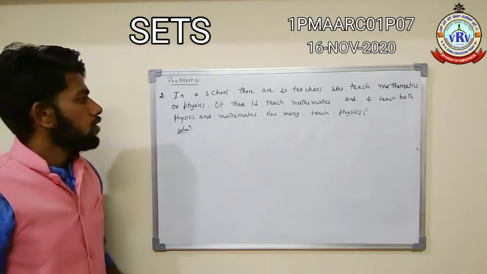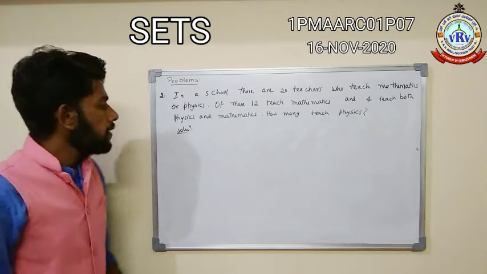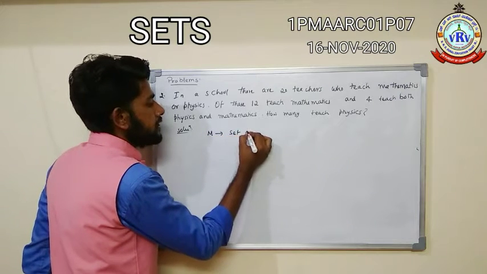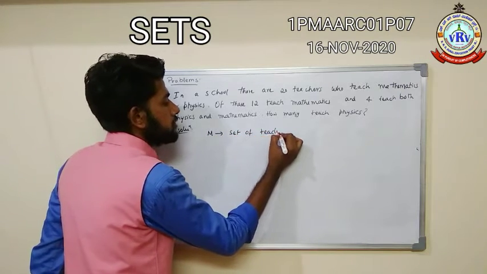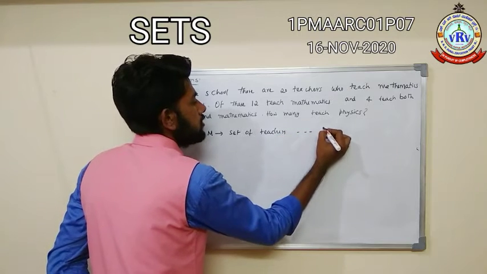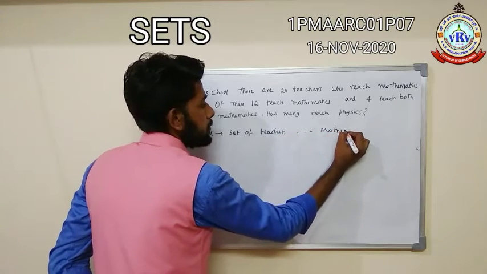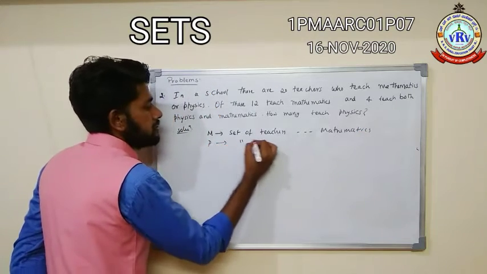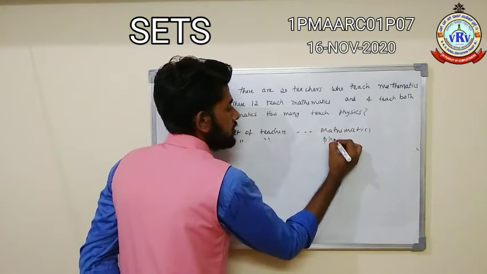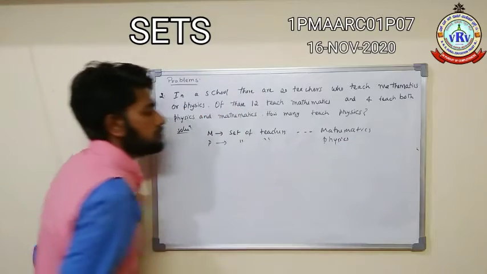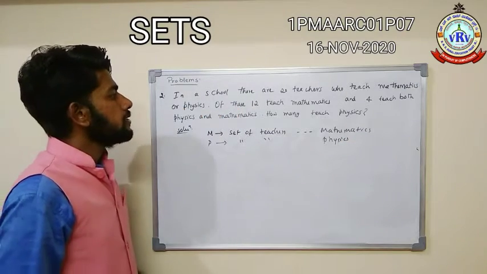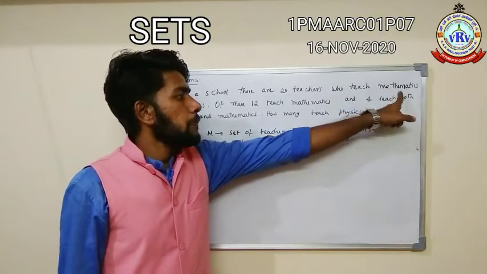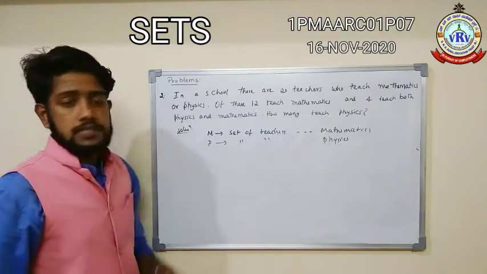This is one of the problems, and I am taking the set M as the set of teachers who will teach mathematics, and P as the set of all teachers who will teach physics. Here they are mentioning that 20 teachers teach mathematics or physics.